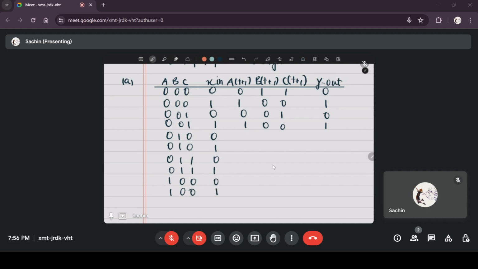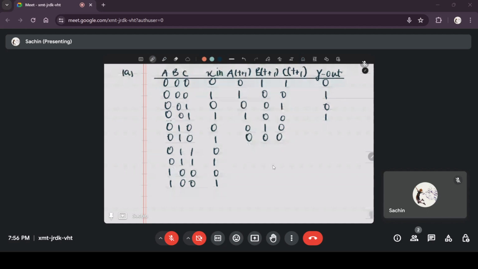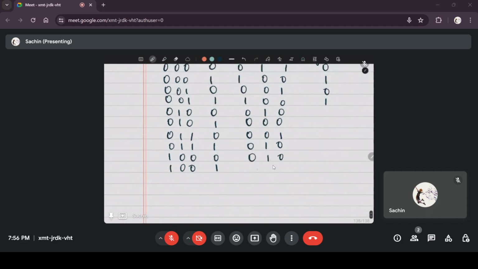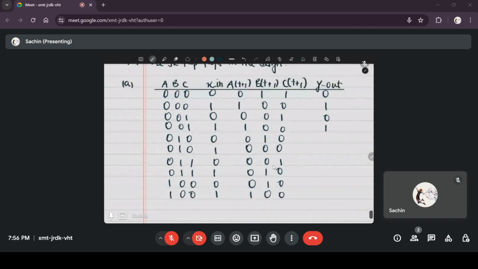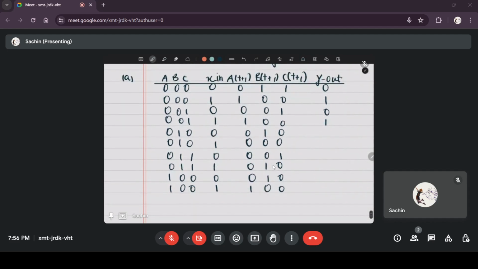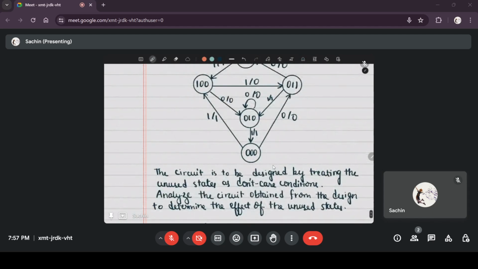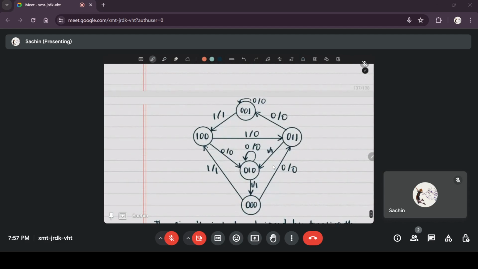From 010 you go to 010 or 000. From 011 you go to 001 or 010. From 100 you go to 010 or 100. The outputs will be 0101. They follow input X. So if the input is 0, output is 0, and if the input is 1, output is 1.